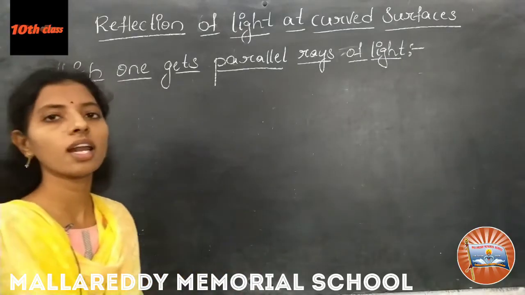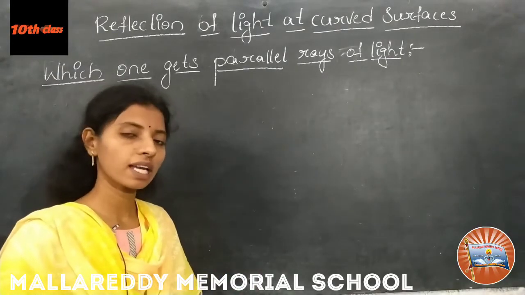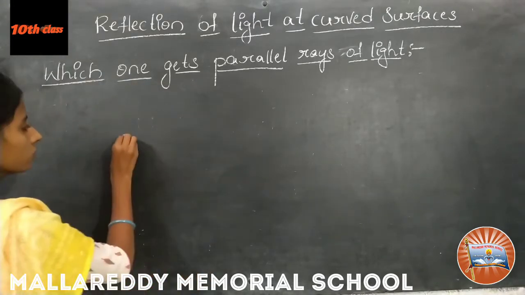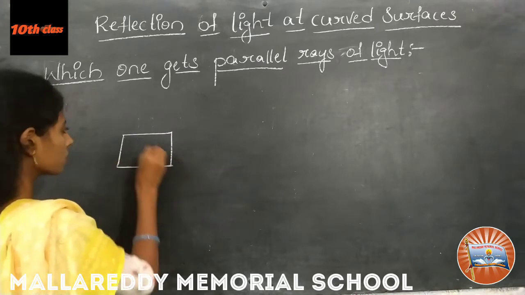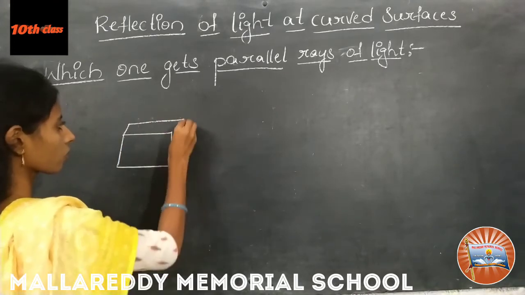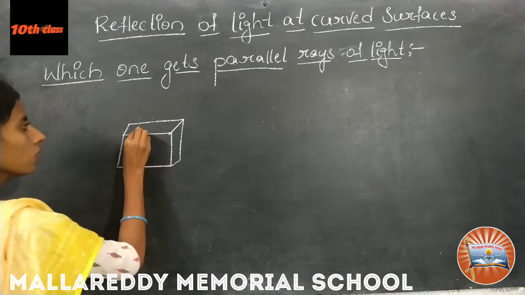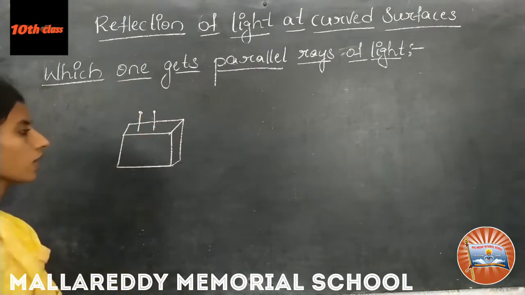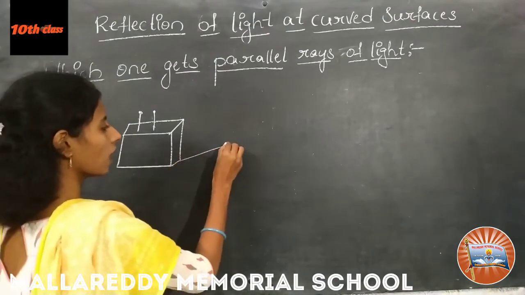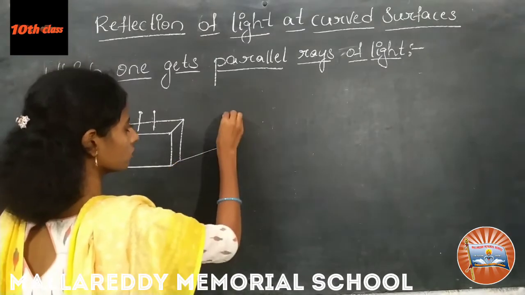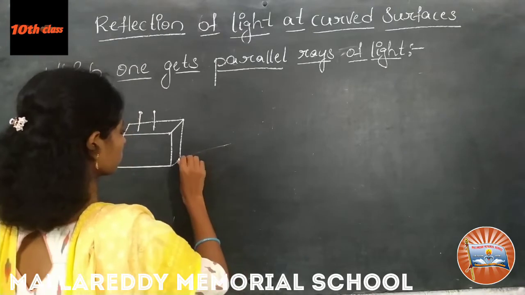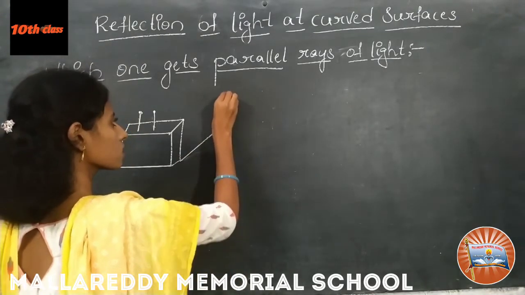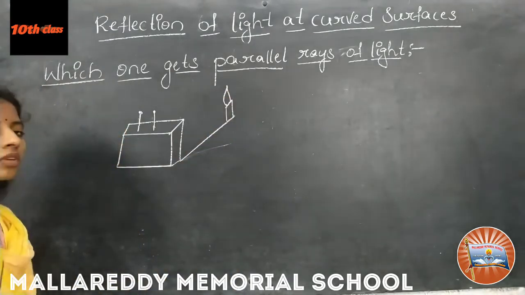Parallel rays of light. How will we get parallel rays of light? See here, I want to take one thermocol. Assume that this is the thermocol. Stick two pins into this thermocol, right? Here we have to take one candle very near to this thermocol.